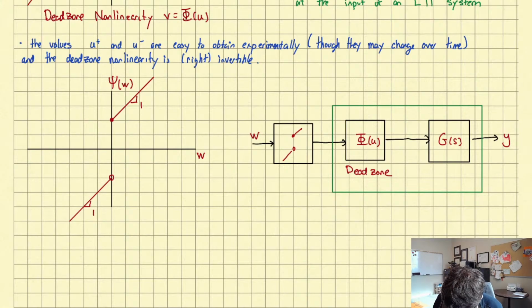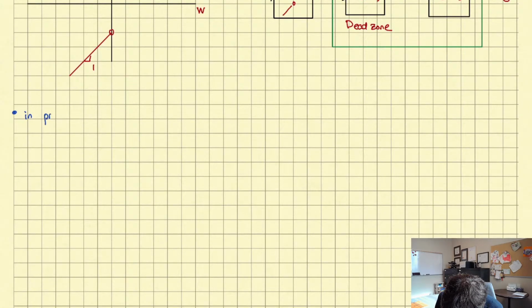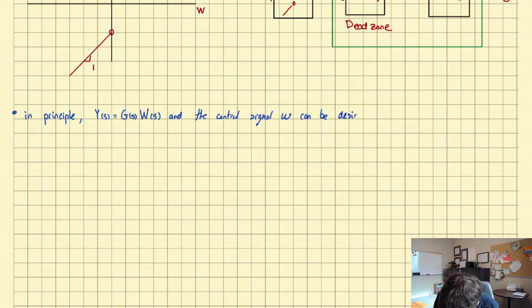Okay, so in principle, like I said, Y(s) equals G(s) W(s), and the control signal U, or W, can be designed using linear methods.